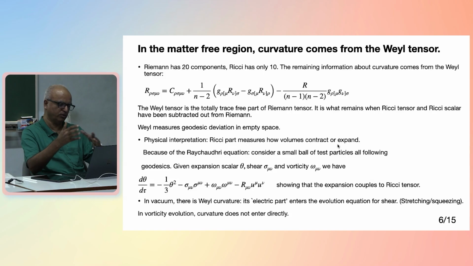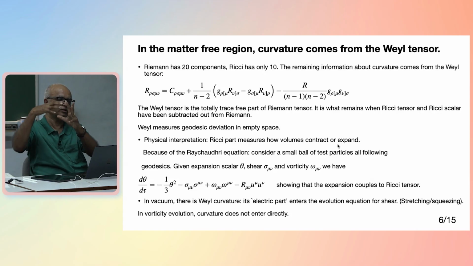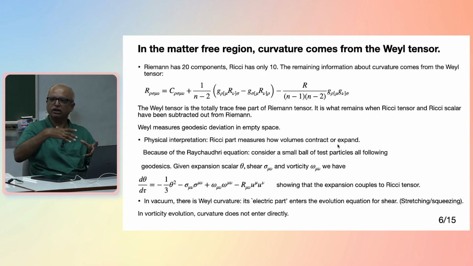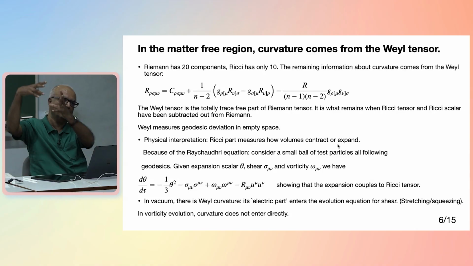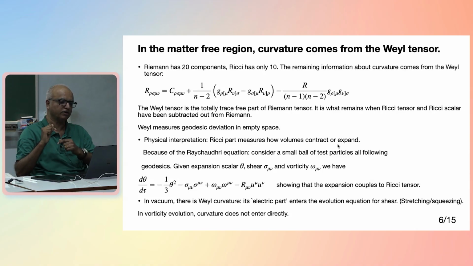This can be proved mathematically. Let's say you have a ball of particles. Think of a sphere with particles inside it. All the particles are moving along geodesics. You're given some gravitational field, and this ball is falling in the gravitational field. What does curvature do?